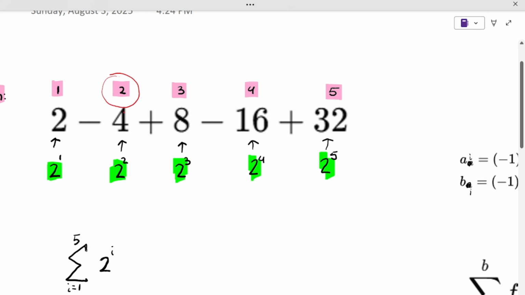Because this is term number 2, and there is a negative sign in front of it, it's a negative number. Same thing with this negative term, negative 4. So we have both 2 and 4, which are even numbers, and they are negative.